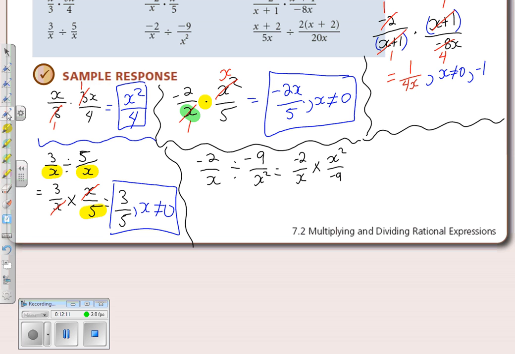And then start seeing what we can work with. I got a negative and a negative. I can make those positive. I've got an x and an x squared. That'll go to 1. This will go to x to the 1.